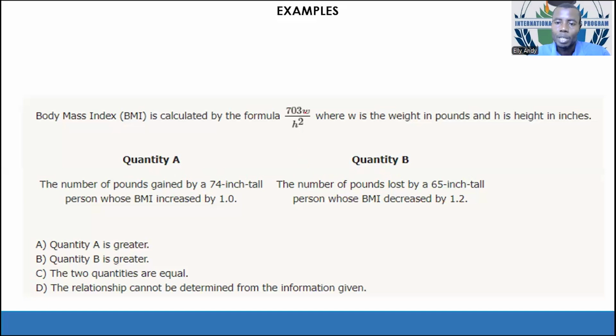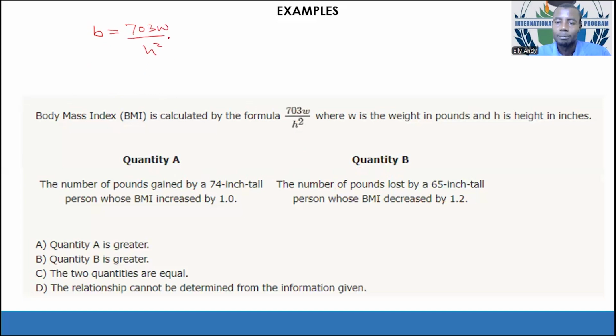So it makes sense to make weight the subject of this formula as the first step. So BMI, let's represent that with B. So let's say B is given by 703 W over H squared.